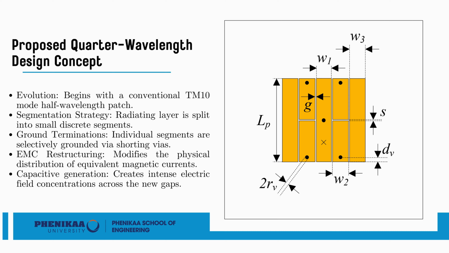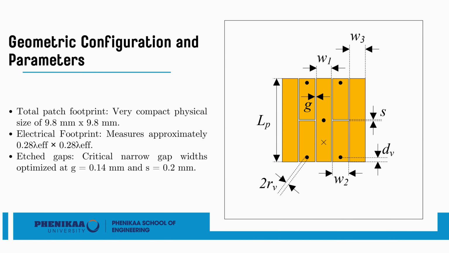This segmentation radically alters the conventional equivalent magnetic current paths. Consequently, it forces strong localized electric fields to form across the small etched gaps between adjacent metal segments, yielding high structural capacitive loading. Let us examine the exact optimized physical dimensions and parametric boundaries required to implement this proposed configuration.